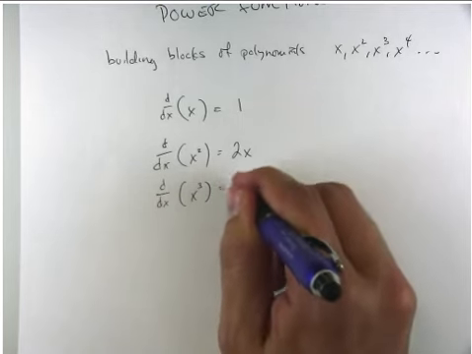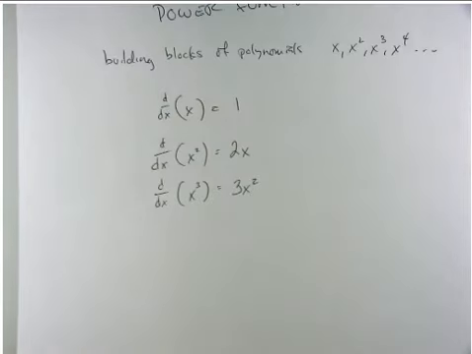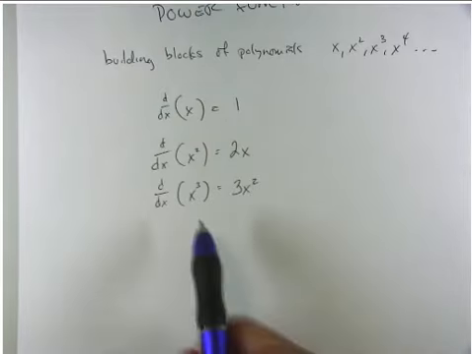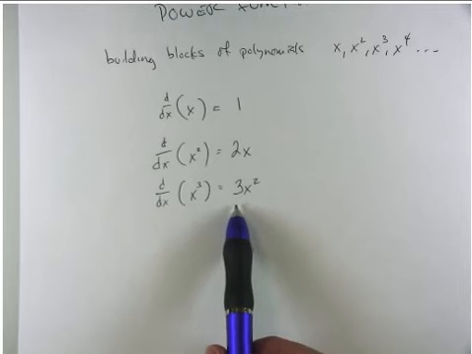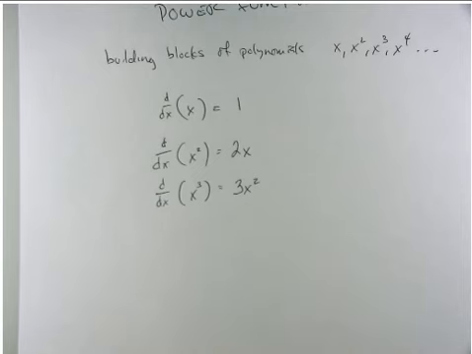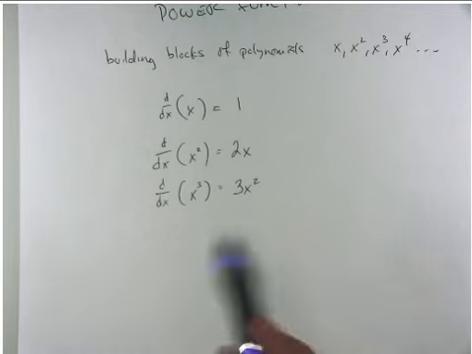I would find that the derivative of x cubed is 3x squared. Right? There's a lot of work that goes between here on the left side to here on the right side, right? The limit as h approaches 0 of (x plus h) cubed minus x cubed all divided by h. And then you got to expand, right? And then simplify, and eventually try to factor out an h and cancel. But at the end of the day, you would get 3x squared. So x cubed is going to 3x squared.